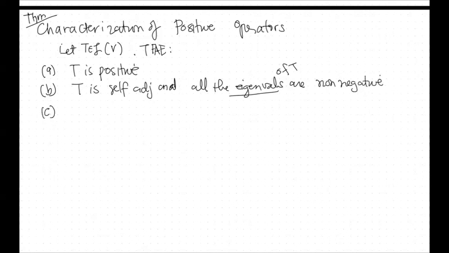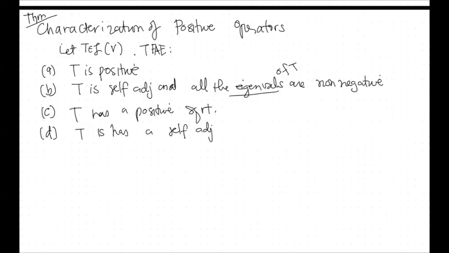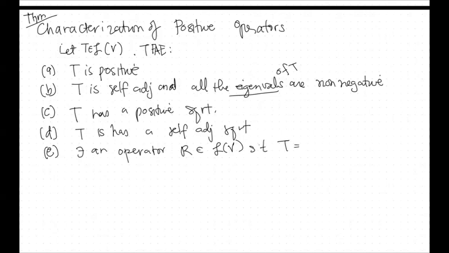C, T has a positive square root. D, T has a self-adjoint square root. And E, there exists an operator R such that T is expressed as the product of the adjoint of R with R.